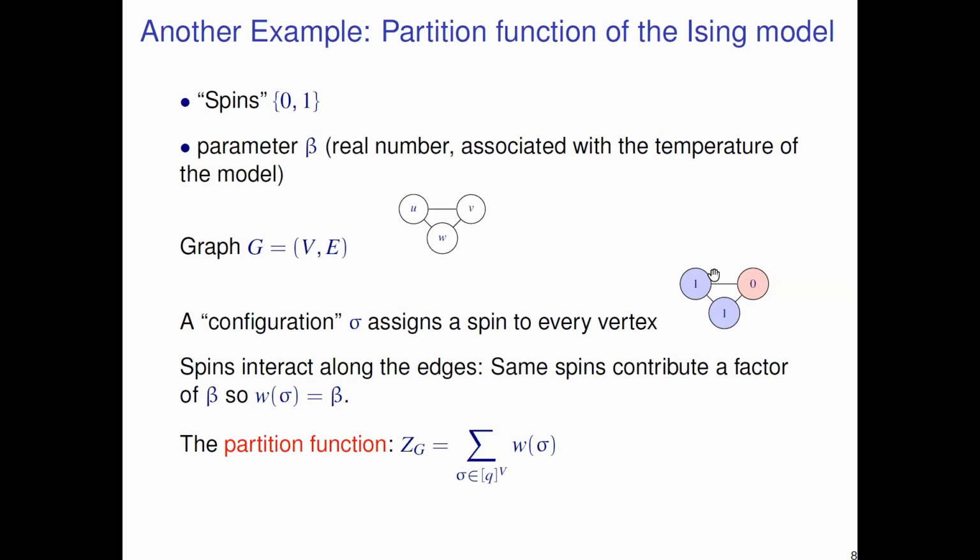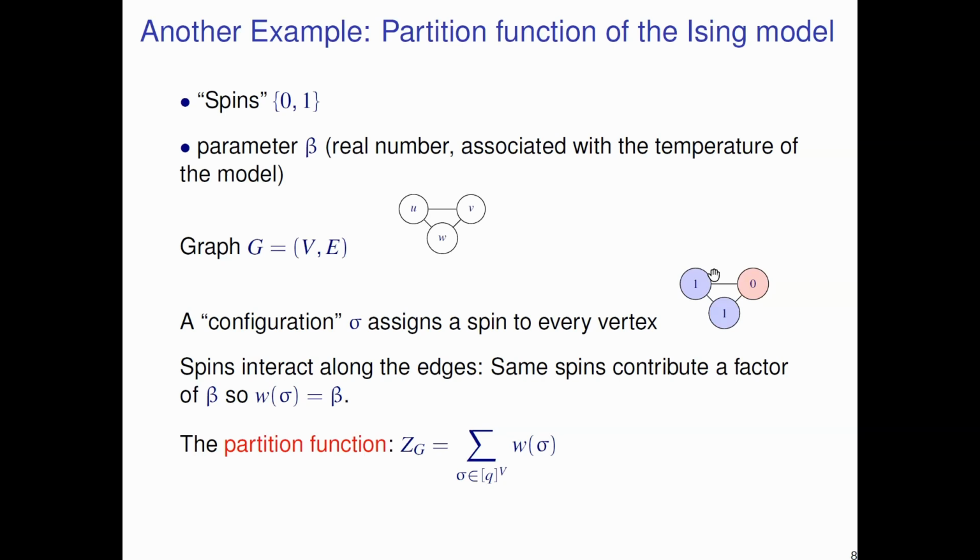But before I do, I'm going to give you two more examples of partition functions. With a bigger set of examples, we'll be able to see what's driving what you can do and what you can't do. The second example also comes from statistical physics, which is the Ising model, which we brushed on yesterday.